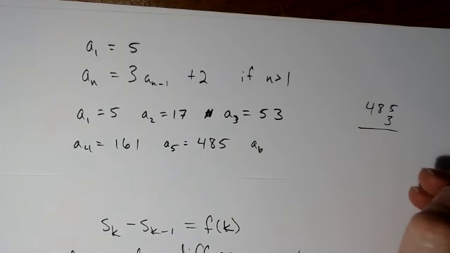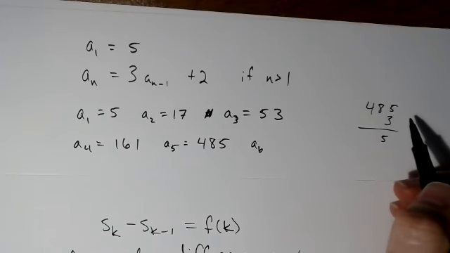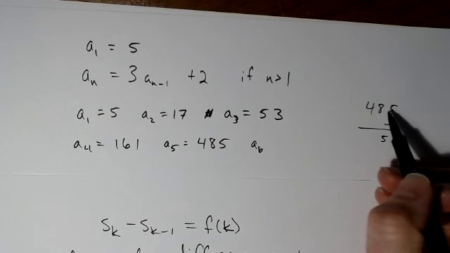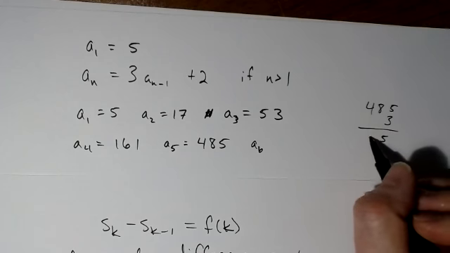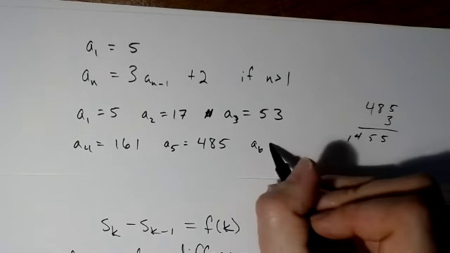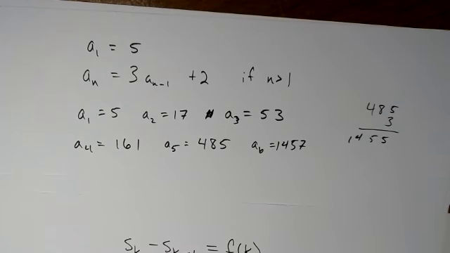Hopefully I haven't made a mistake so far. I am doing that arithmetic in my head, so if I messed something up, I'm sorry. So 3 times 8 is 24, 25, 1455. So a_6 is 1457. And you can just add them up. I'm not going to add them up. We found a_5 and a_6.